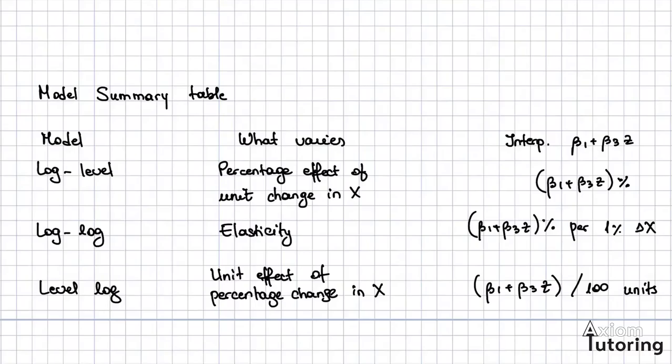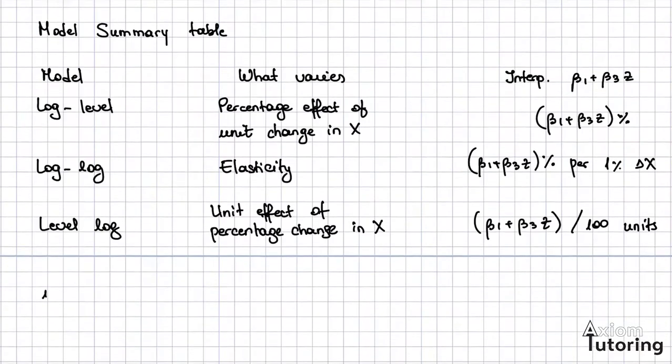For the log-level model, you have the percentage effect of a unit change in x, because for the first model, you had the derivative of ln of y with respect to x. So your interpretation went: a 1 unit increase in x changes y by approximately beta 1 plus beta 3 z, times 100 percent.